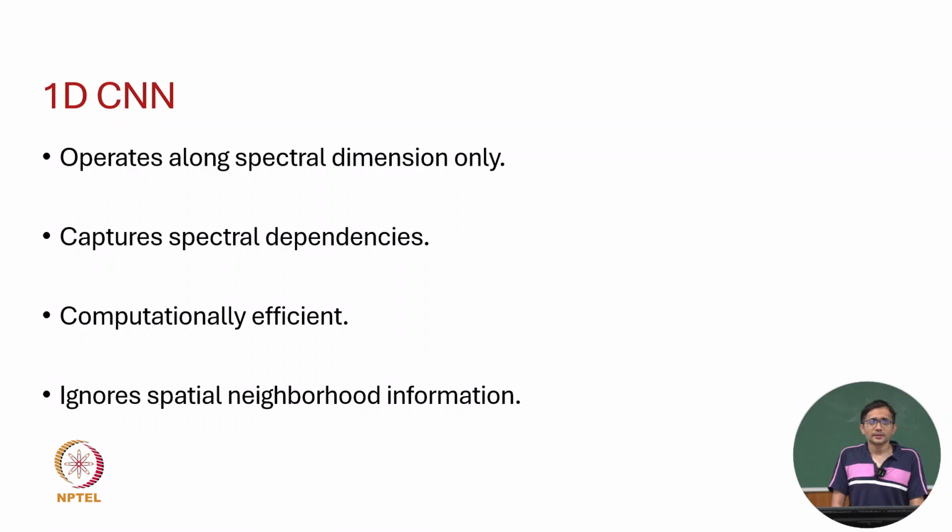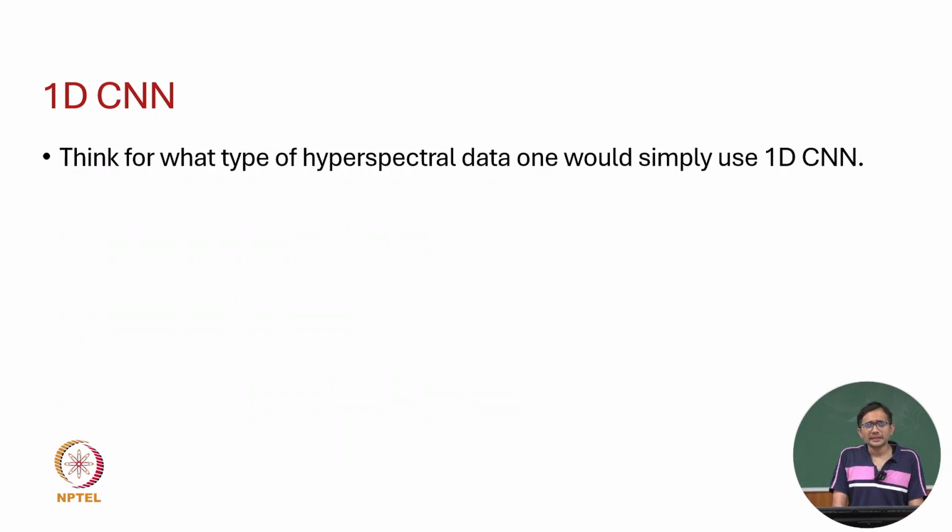So the first architectural variation that we would like to mention is simply the 1D CNN. This operates along the spectral dimension only. Thus, it captures spectral complexity. It's quite computationally efficient. It ignores the spatial neighborhood information. So, let us ask ourselves this question: for what kind of hyperspectral data would we simply use a 1D CNN?